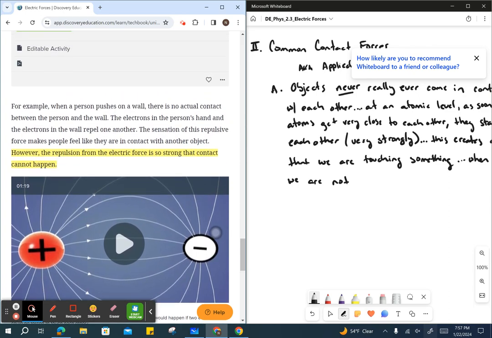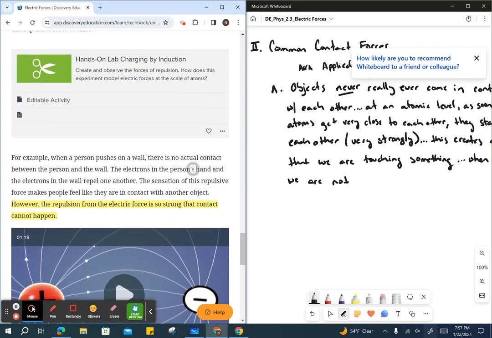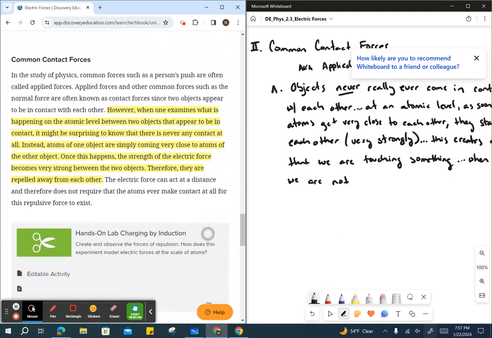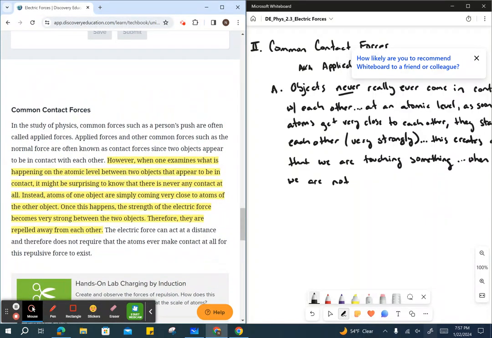Just try to make sense of this idea. Again, we're talking about electric forces, and one very impressive example was this whole idea of touch and how, in fact, electric forces are at play here, and in reality, we are not touching anything.